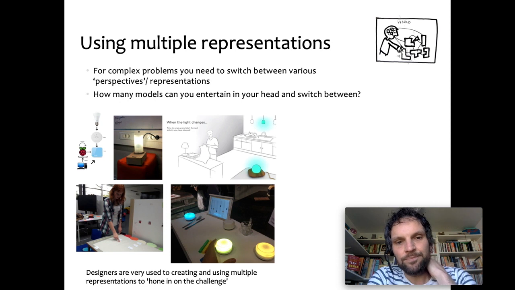So, for example, if you want to deal with very complex problems, what you often do is use multiple representations, multiple and different ways of representing the same problem. And each way of representing the problem gives you a different angle, a different perspective, or what we call a different frame on the problem.